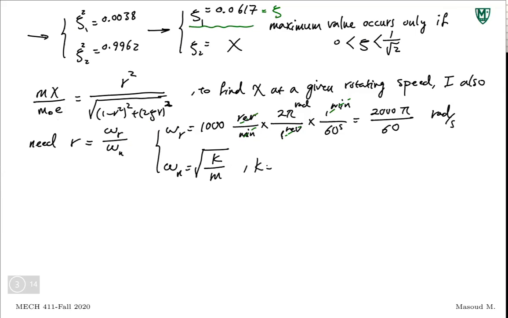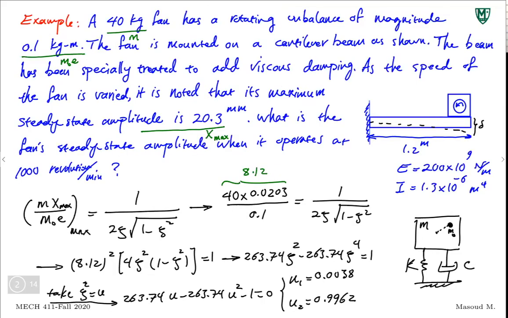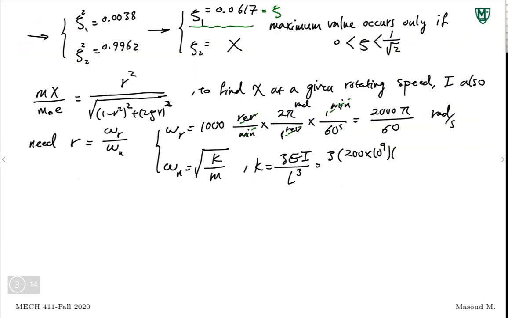K is 3EI over L cubed. So we have 3 times 200 times 10 to the 9, I believe, times the cross-section area moment of inertia, 1.3 times 10 to the minus 6, divided by 1.2 cubed.